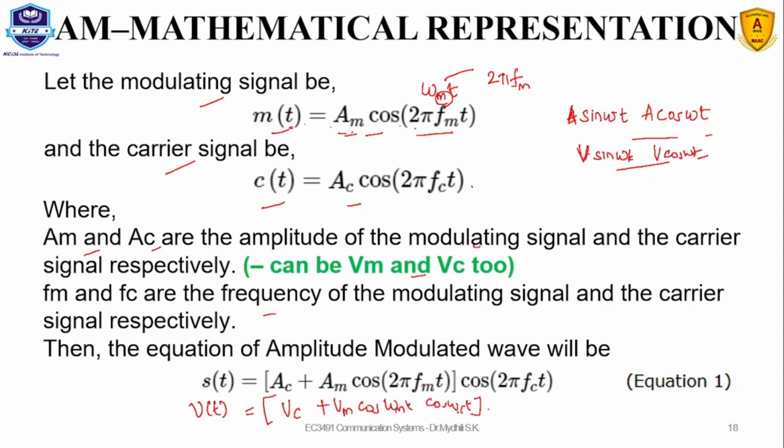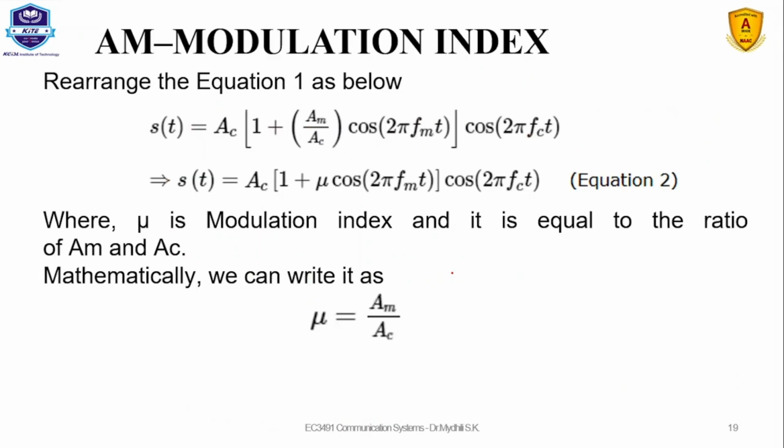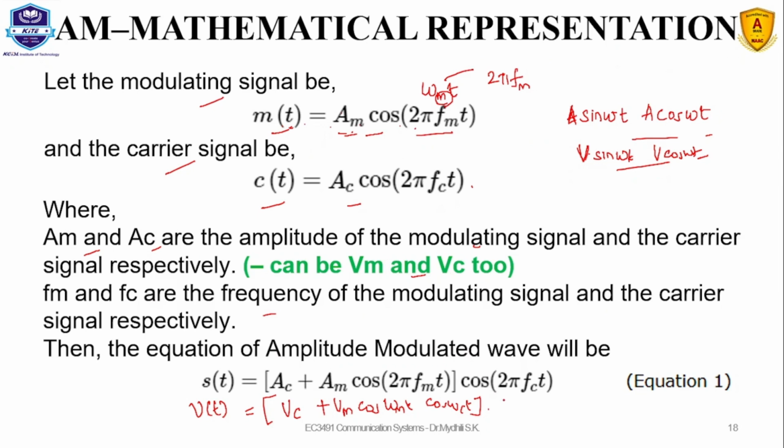When we are representing this kind of signal, you could take Vc outside now. So when taking Vc outside, rewrite the same equation. Taking Vc outside, here it will be 1 plus Vm by Vc into cos omega mt, and we already have cos omega ct outside.